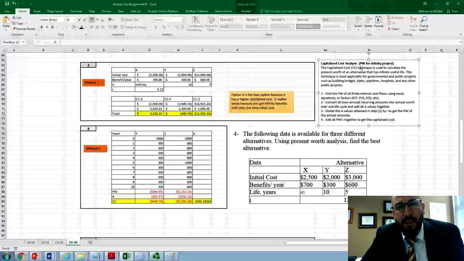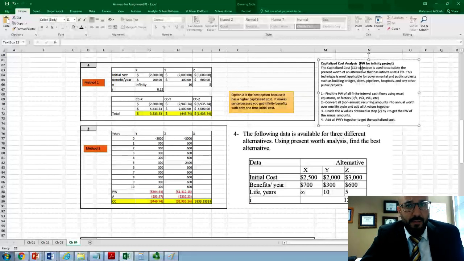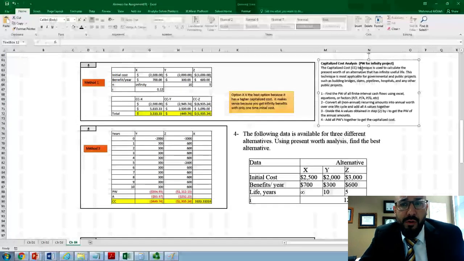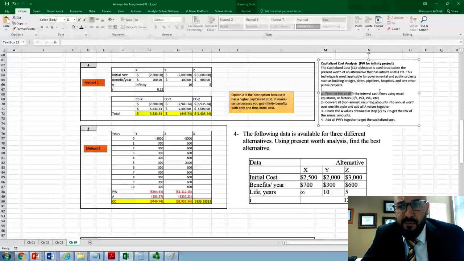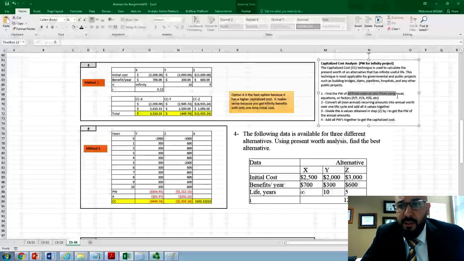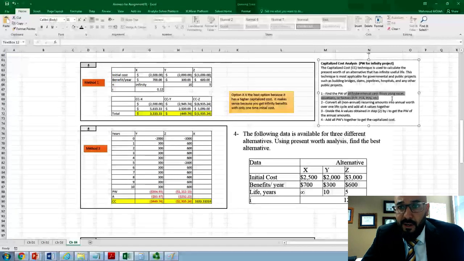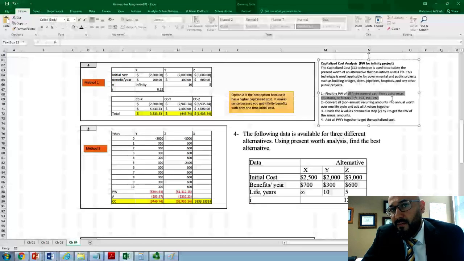How could we calculate the capitalized cost? There are 4 steps that I summarized in my textbook. Number 1, find the present worth for all finite intervals. Any cash flow that has a finite interval, you find the present worth, whether using Excel equations or using the factors: find P if F is given, find P if A is given, or find P if G is given.